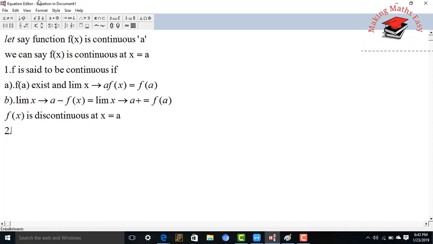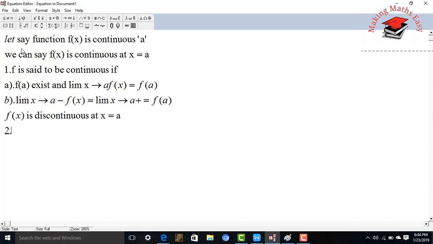If lim of x tends to a of f of x is not equal to f of a, then f is said to have a removable discontinuity at x equal to a. This discontinuity can be removed by redefining the function at x equal to a as f of a equal to lim of x tends to a of f of x.